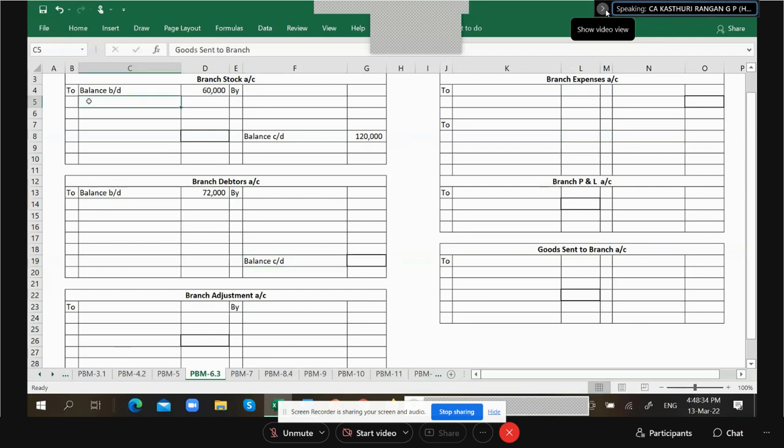Debit branch stock to GSB. Branch stock account debit to GSB 6 lakh. So immediately in GSB account, you put by branch stock 6 lakh. So debit what comes in, branch stock; credit what goes out, GSB account. So goods come into branch stock, goods go out of the GSB account, like that.